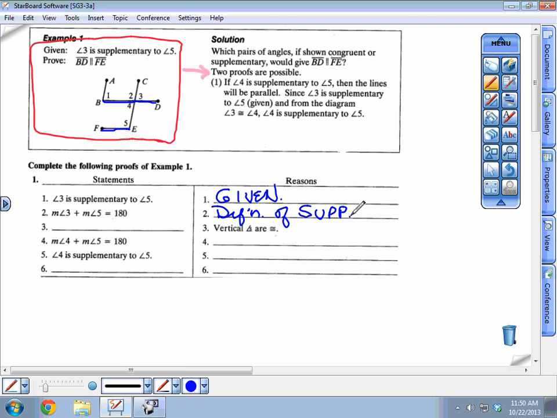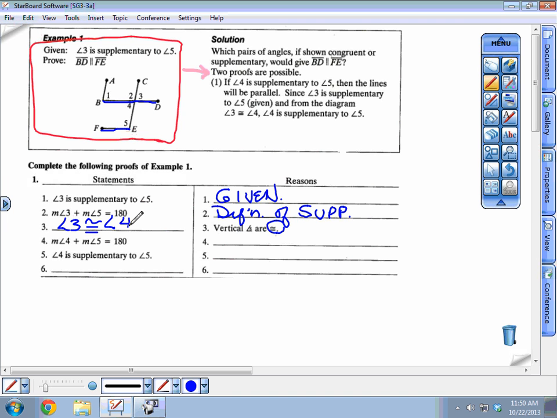Now, what are we going to say if we have a reason that says vertical angles are congruent? Angle 3 is congruent to angle 4. Remember, they're using the congruent, so we don't want to talk about the measure necessarily. We want to say angle 3 is congruent to angle 4.